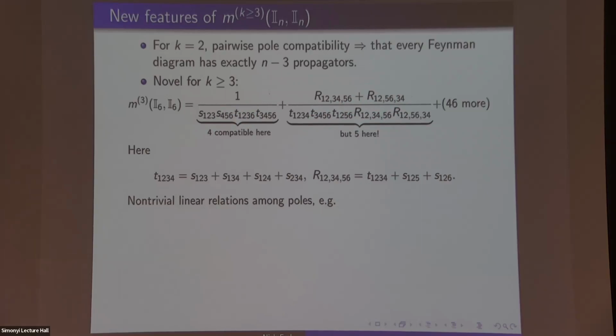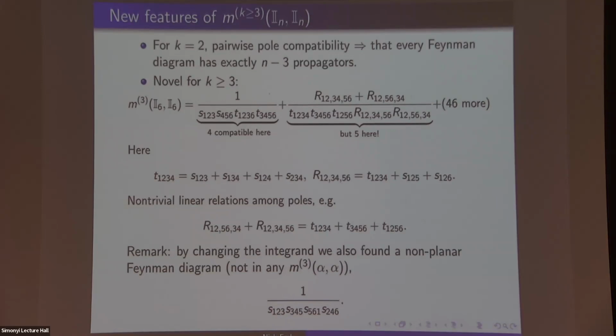So they satisfy some very interesting non-trivial linear relations among the poles. For example, the 2 R factors in the numerator, you take their sum, they're equal to the complementary 3 poles. And so that's a novel feature from phi cubed, from the planar phi cubed or phi cubed in general.